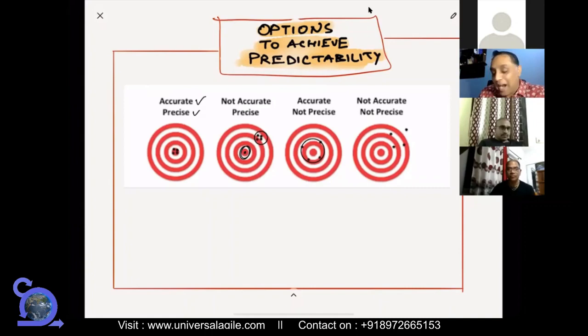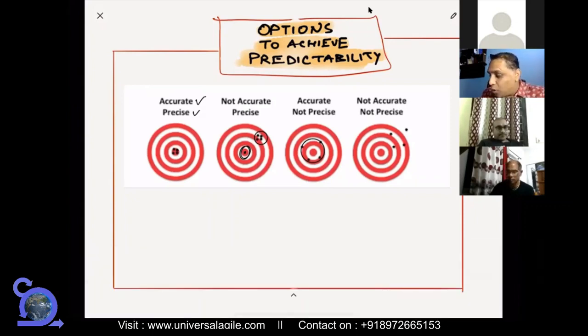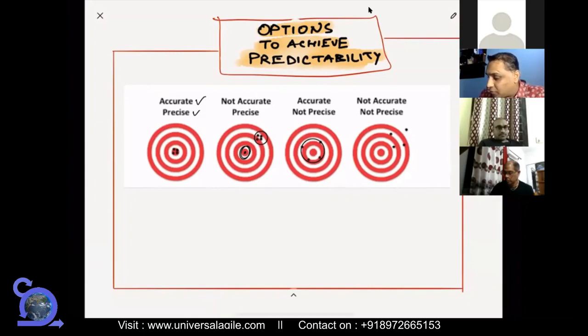Thank you. And the last one is neither accurate nor precise. Now, when you are doing estimates, out of these four, would you ever like to be in this situation? No, no, no, right?